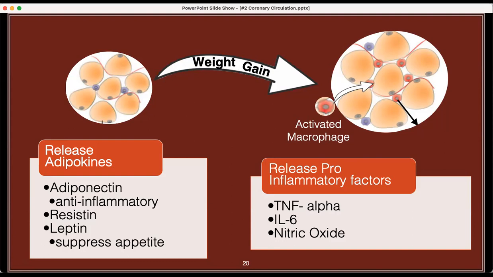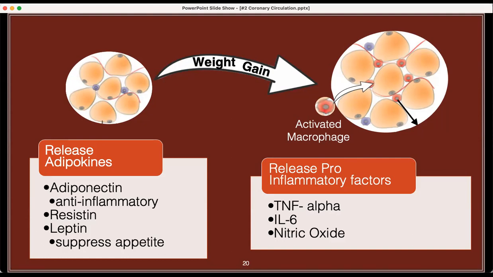But with significant weight gain, those adipose tissues start to outgrow their blood supply. And these macrophages within your tissues get activated as white blood cells to clean up old debris.